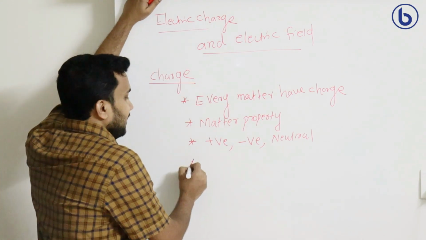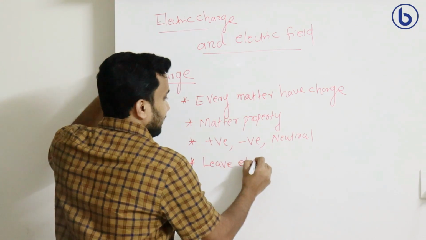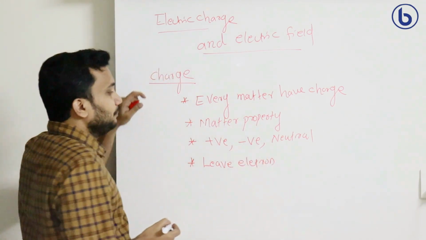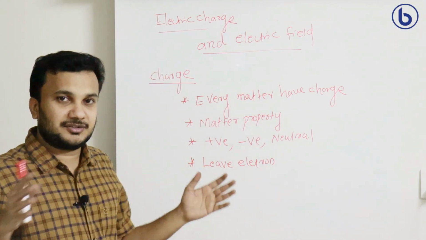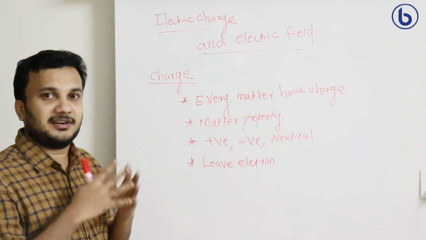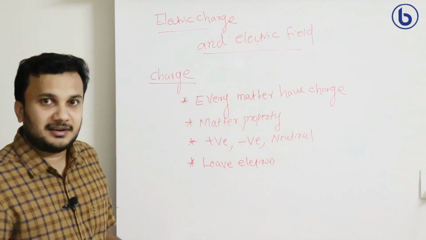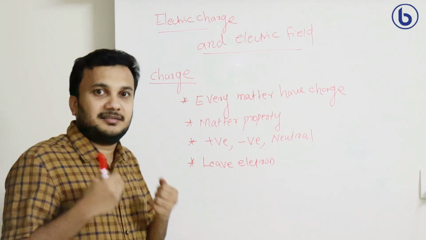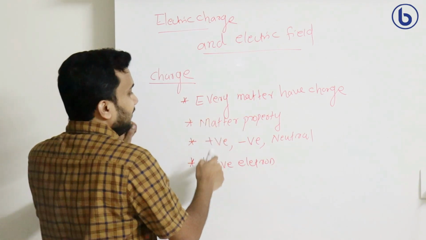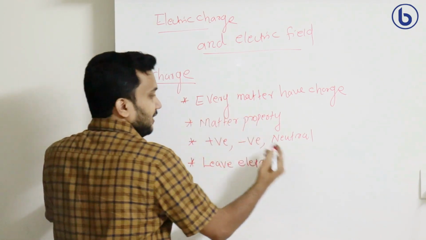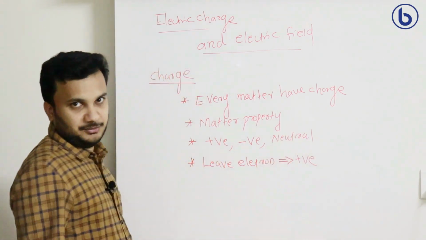Positive charge means the matter leaves electrons. A matter is made up of a large number of atoms, right? An atom consists of neutrons, protons and electrons. If that matter is giving away an electron, then that leaving of electrons will give rise to positive charge.